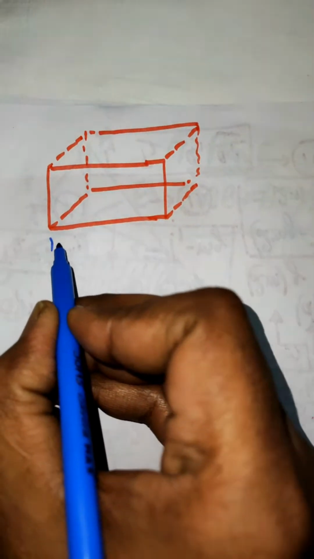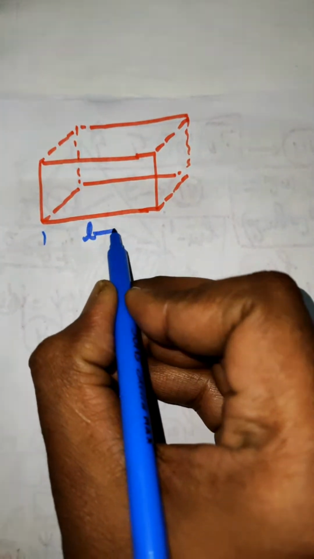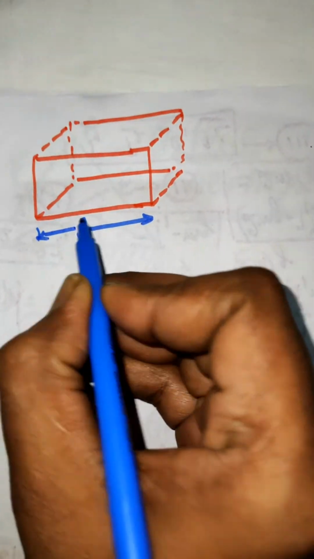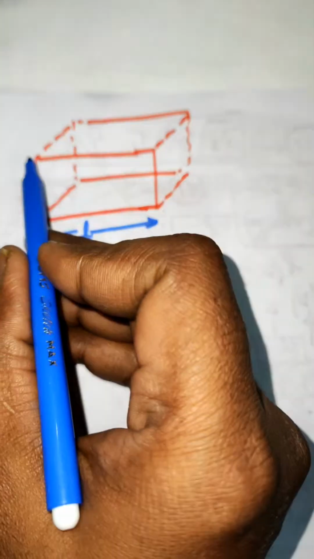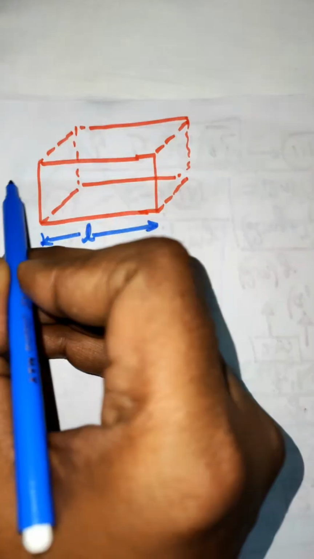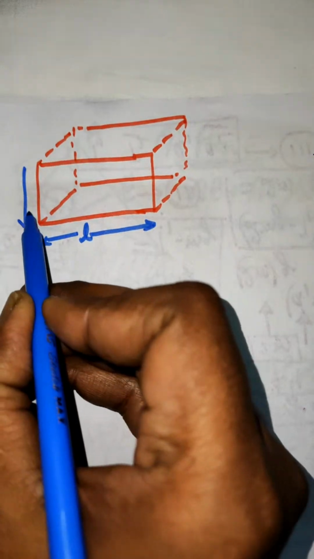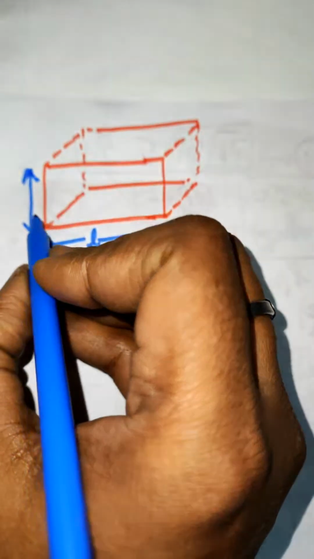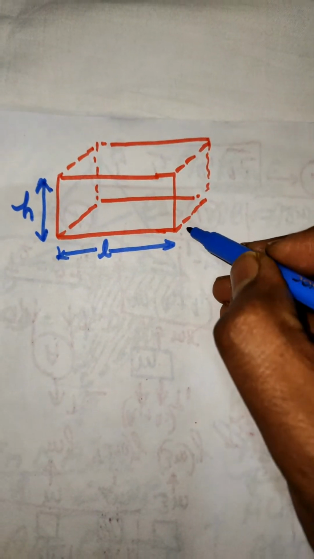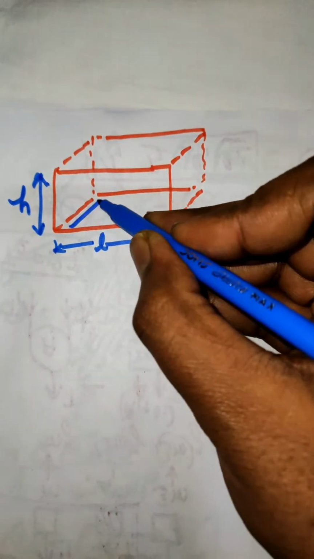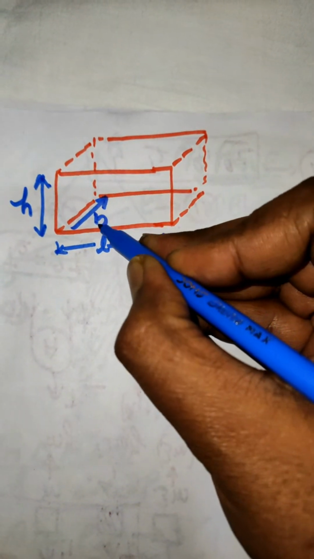So here the different dimensions which I have mentioned are L, B and H, where let's say this is L. If this is length and this is height, and this is the breadth. I'm marking it with B, right?